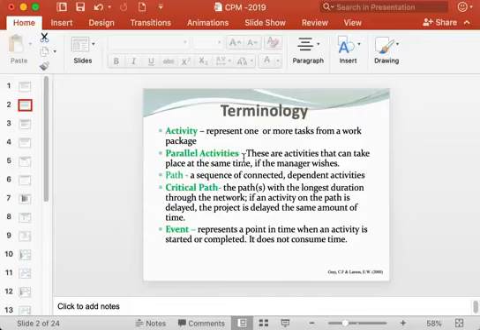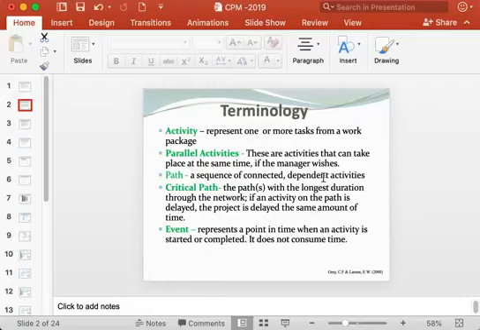Parallel activities refers to those activities that can take place at the same time if the project manager wishes. And a path refers to a sequence of connected dependent activities.